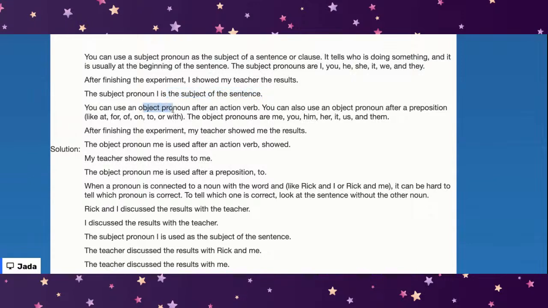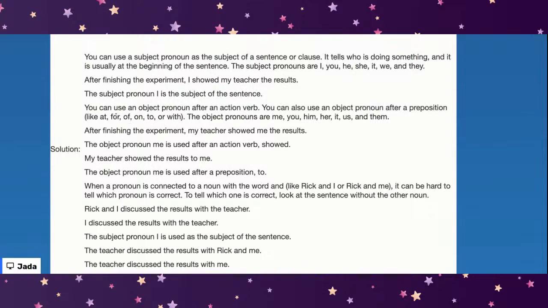You can use an object pronoun after an action verb, of course. You can also use an object pronoun after a preposition. We have some prepositions here, like we've said in the previous one: at, for, of, on, to, or with.